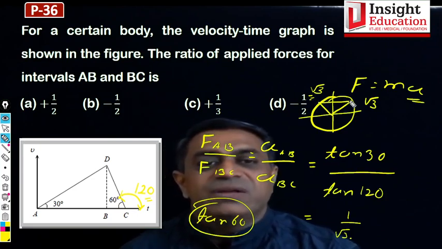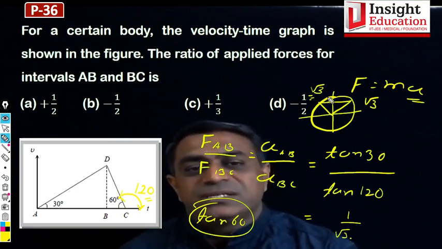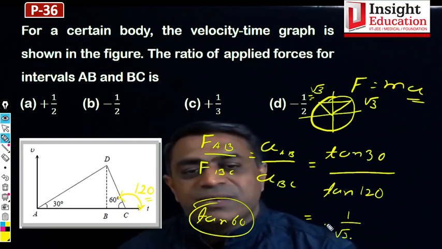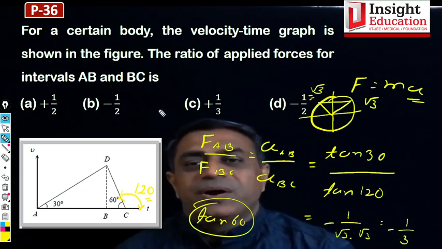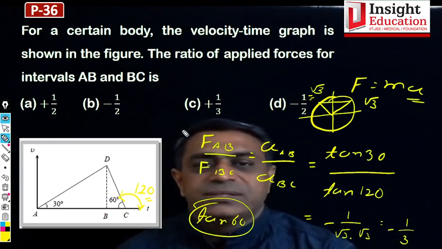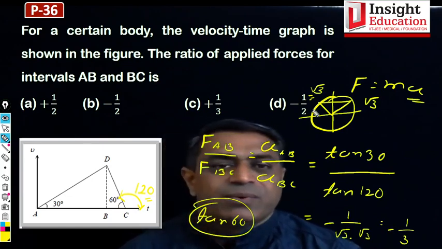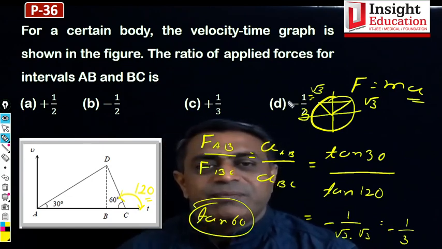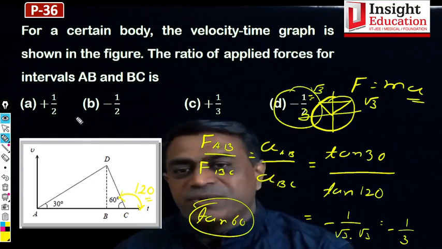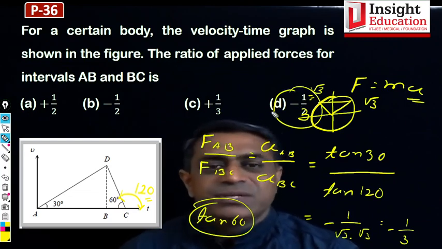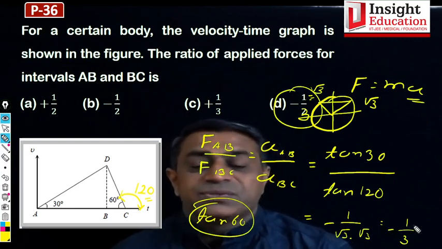So take the value at 60 and take the sign for the second quadrant. So I can say minus root 3. Root 3 into root 3 is 3, so minus 1 upon 3. So the answer is minus 1 upon 3, which is D.